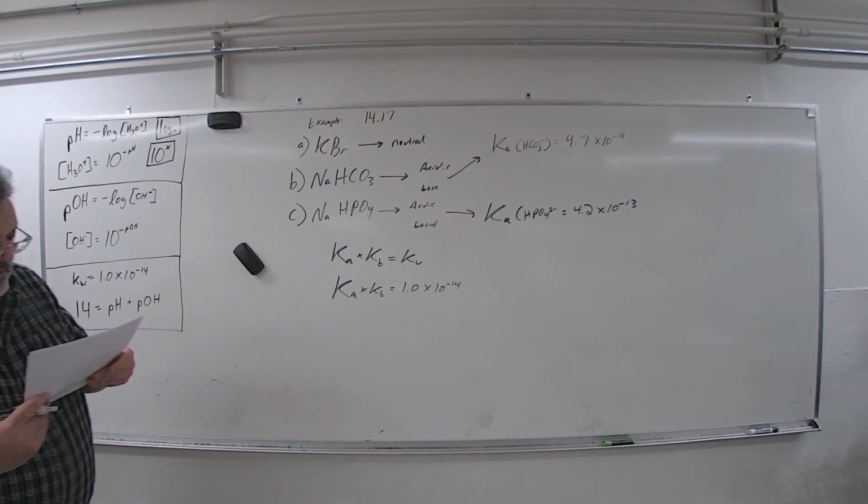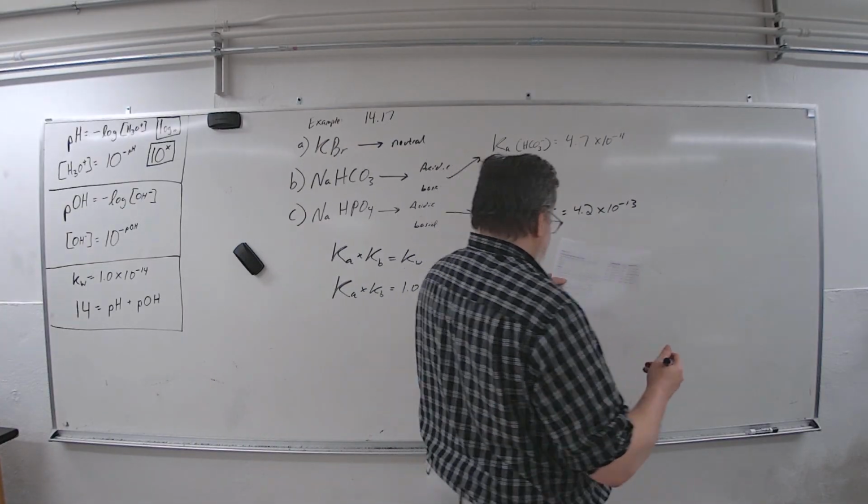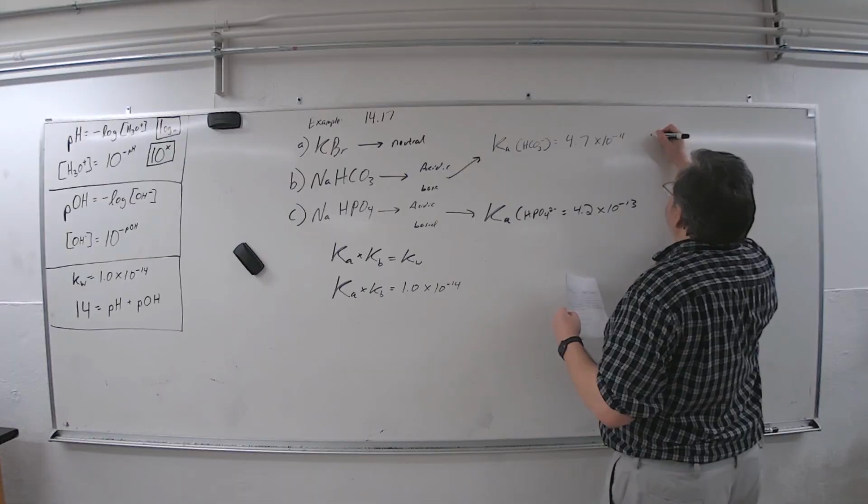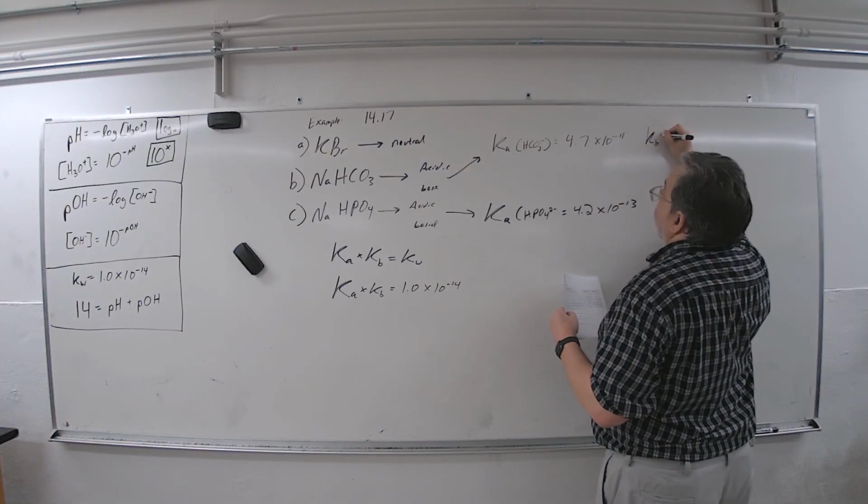So I'm just going to cheat and look at this. That's Ka for this. Kb for this.